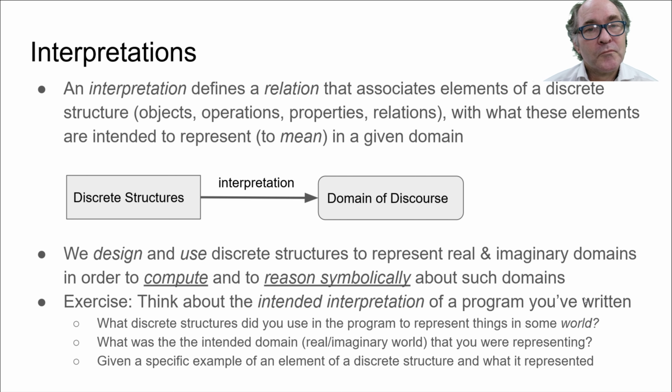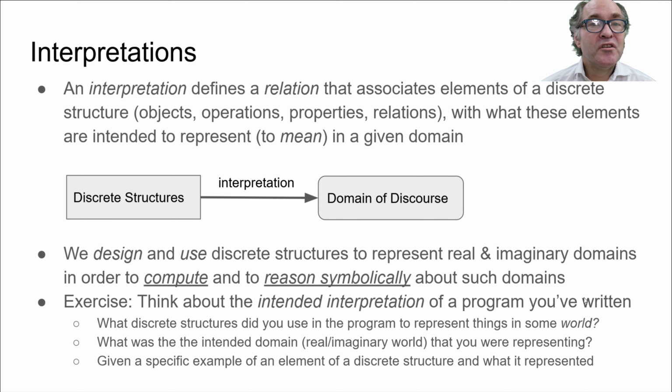Okay, good. Now, we can often use one element of some discrete structure to represent lots of different things, right? We might use the binary digit 101, which we think of as representing decimal 5, as representing 5 apples, or 5 oranges, or 5 miles per hour, or 5 people, 5 employees, 5 animals, 5 atoms.